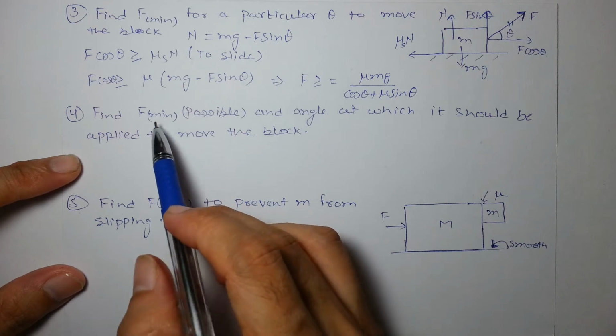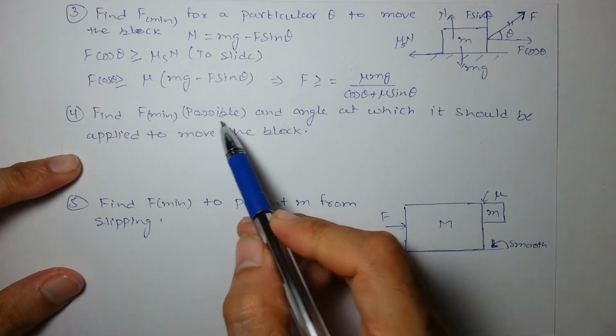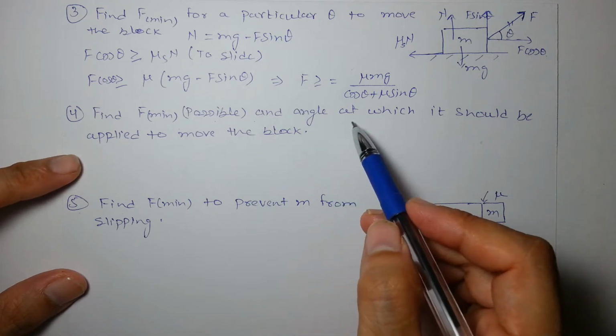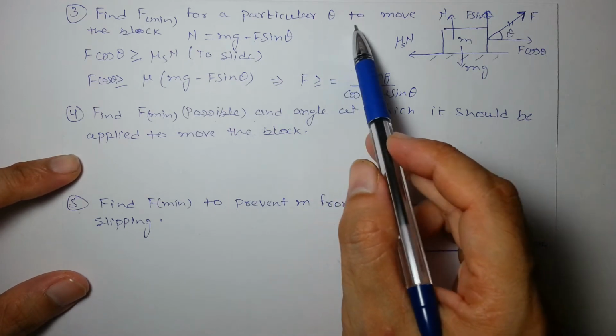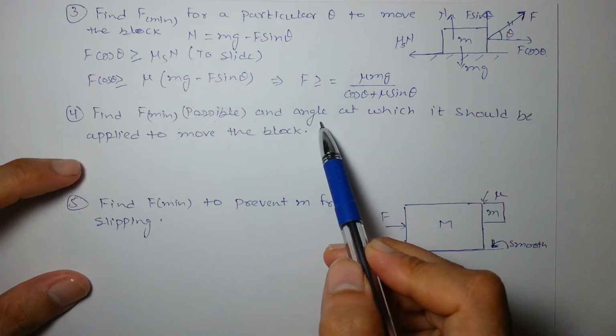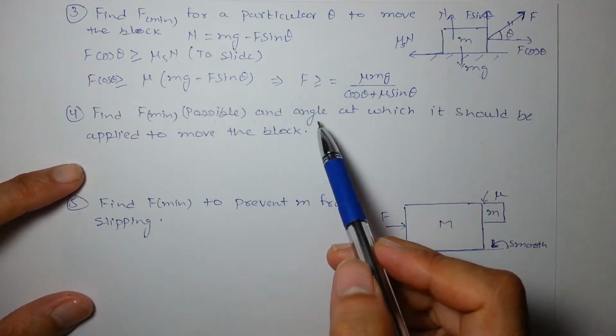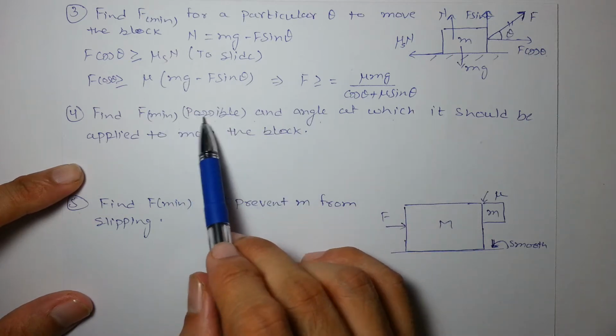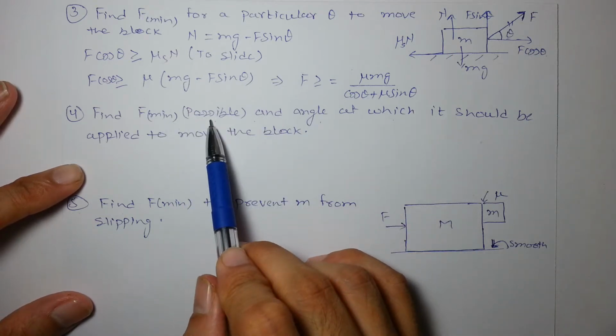In the next example, we have to find the minimum possible force and the angle. Now, in the upper example, the angle was given to you. In the lower example, you are free to choose the angle, but the force should be the minimum possible.